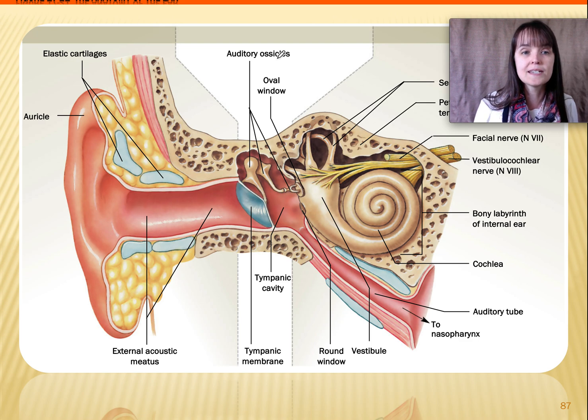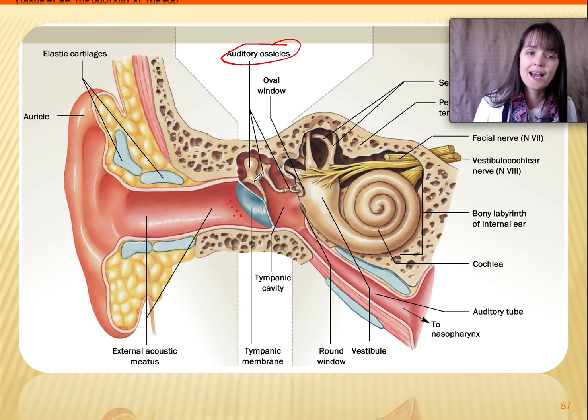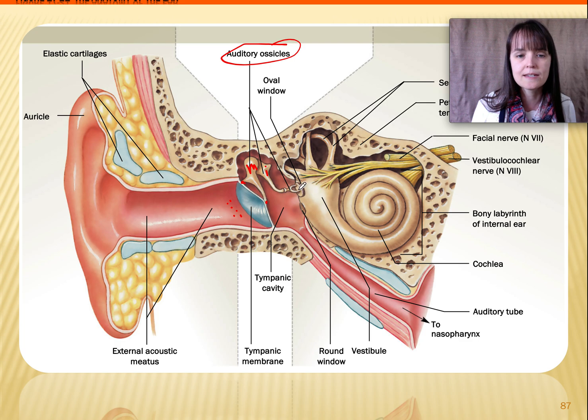Because your eardrum is attached to the three auditory ossicles, as sound waves get turned into mechanical vibration of the tympanic membrane. And attached to the tympanic membrane here and here is the malleus, which is attached to the incus, which is attached to the stapes.